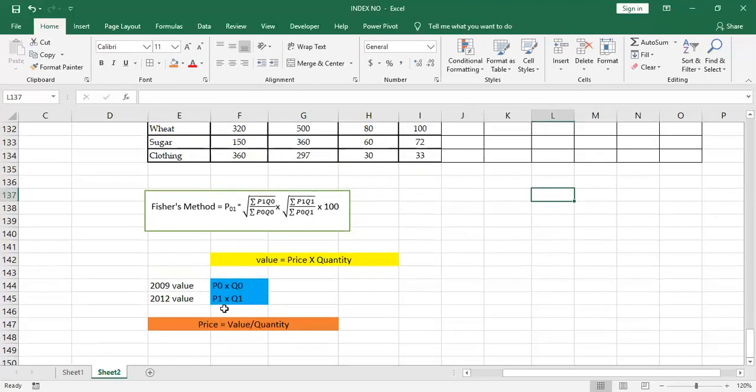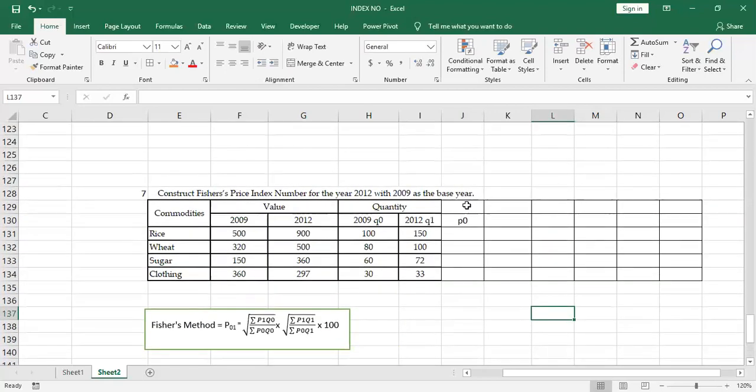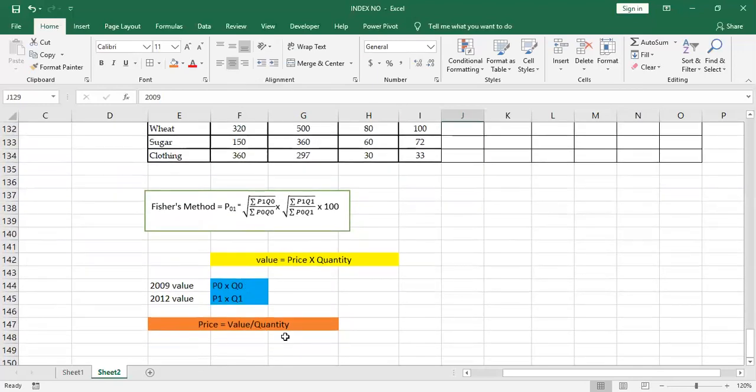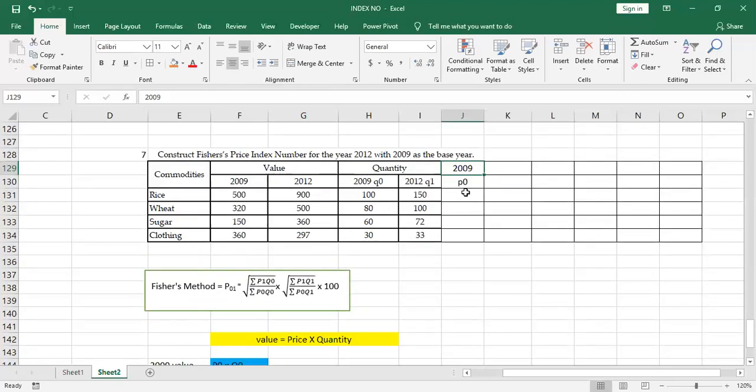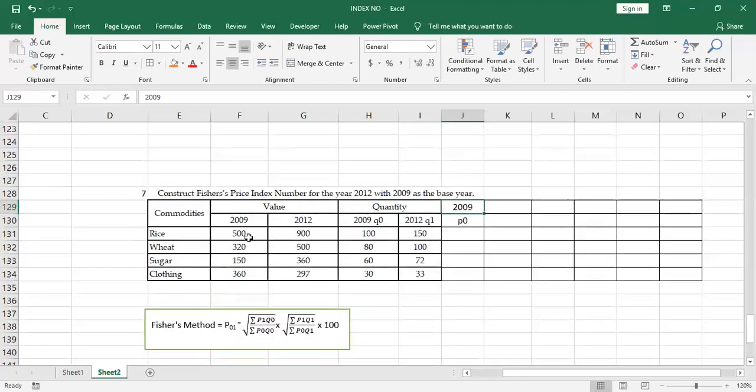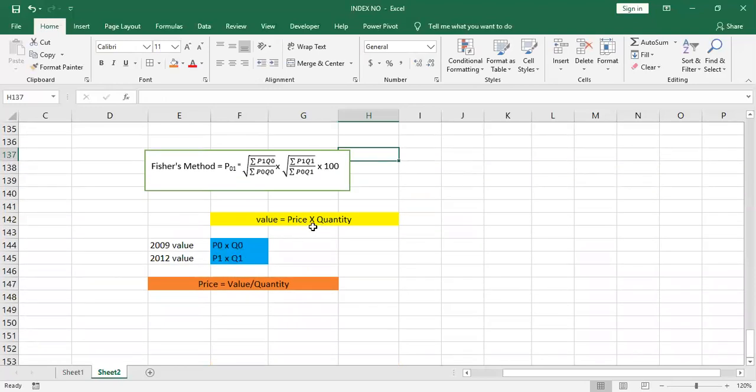How do you find out price? Apply the formula value divided by quantity. I'm finding it for 2009, the base year price. Value divided by quantity: the value is P0 Q0. 2009 represents P0 Q0 and 2012 represents P1 Q1, because value itself is price into quantity.